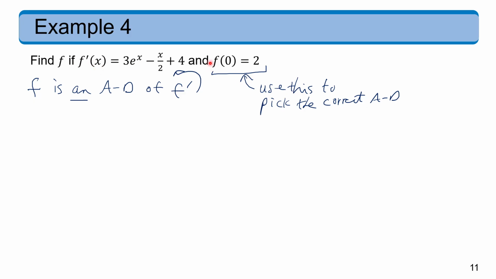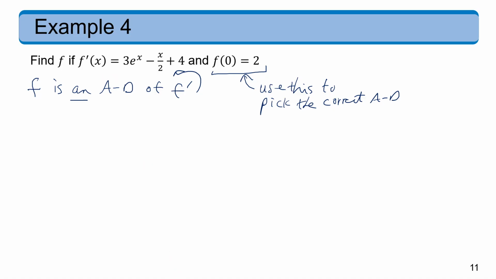This condition to the right is often part of a differential equations problem, and it's called an initial condition. I just wanted to mention that because one of the courses you take after calculus is differential equations, and this is an example of the type of problem you'll see in that class.